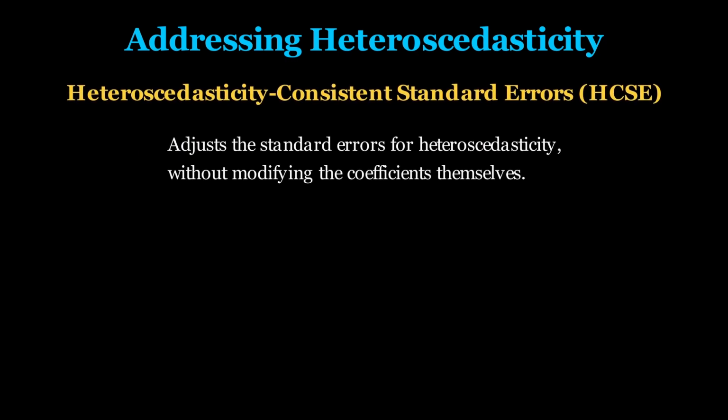Heteroscedasticity consistent standard errors adjust for heteroscedasticity without modifying the coefficients themselves. Unlike ordinary least squares standard errors, which assume constant error variance, these methods correct the standard errors by considering the actual variability of the residuals.